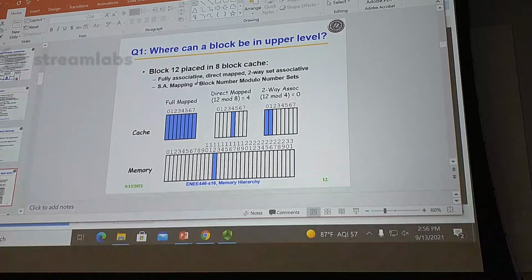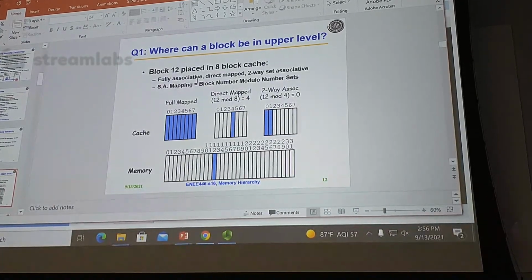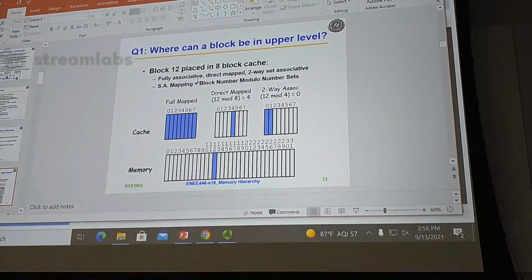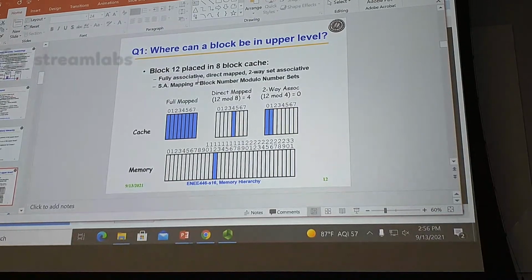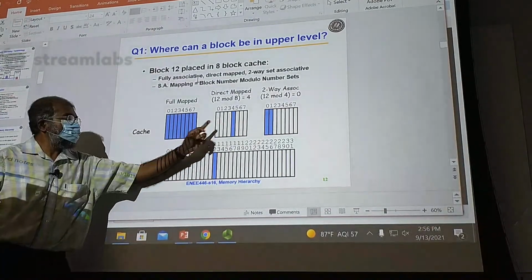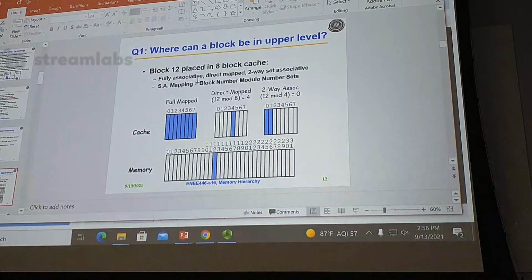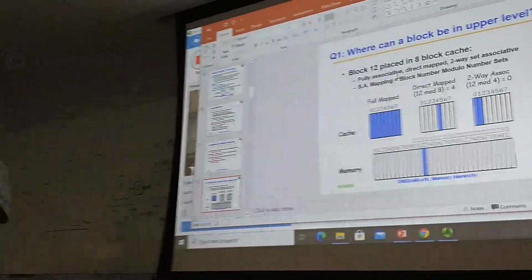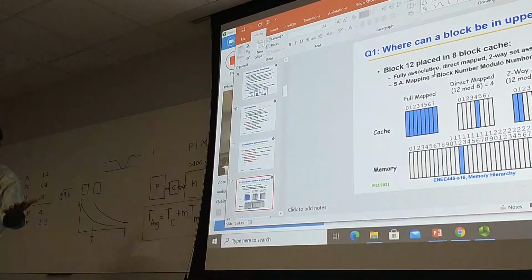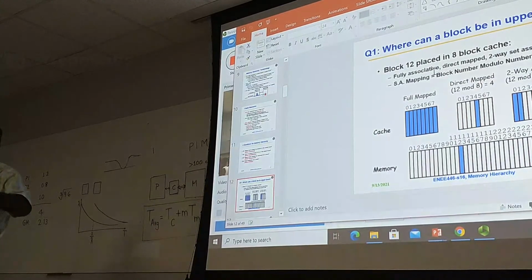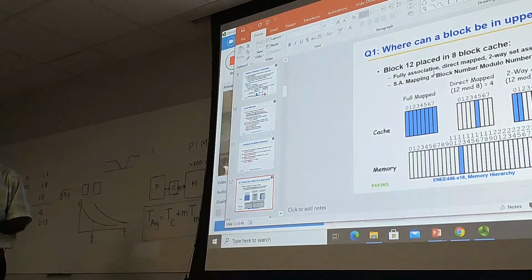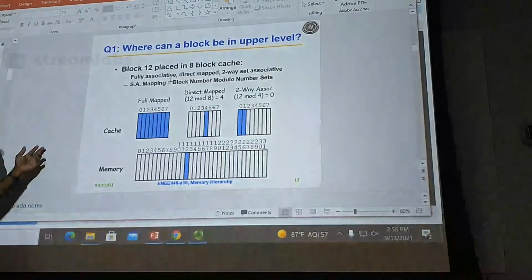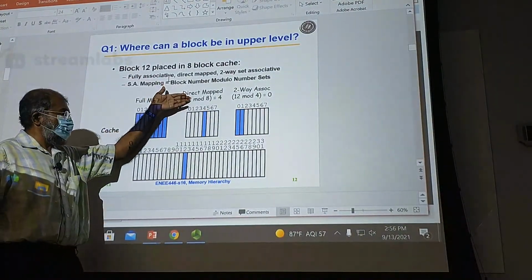Okay, so we want to compare the 2 mappings in light of this expression. So when you use direct mapping, it's easy for the cache controller to look in there and see if what it's looking for is there or not. For instance, there is a request for block 12.